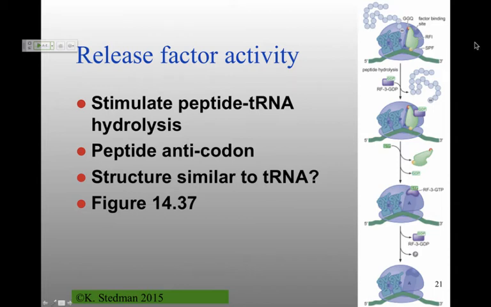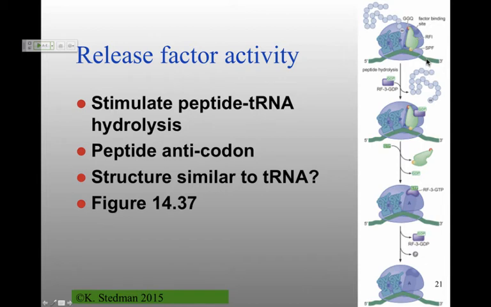So, just mentioned this already. Our initial release factor basically tricks the ribosome into making hydrolysis, i.e. making a peptide bond to water there. Everything gets released. We've got our polypeptide again that's going to go off and do its thing.